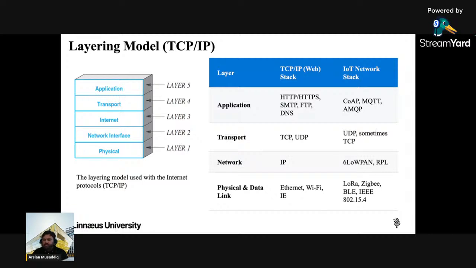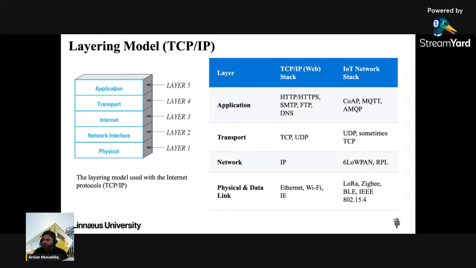It is a set of communication rules, or protocols, you can say, used to interconnect devices over a network, such as the Internet. TCP/IP is the foundation of the internet and most local networks, enabling the reliable transmission of data across diverse devices and systems. So these layers also provide the foundation for IoT network communication and ensure seamless data transmission.